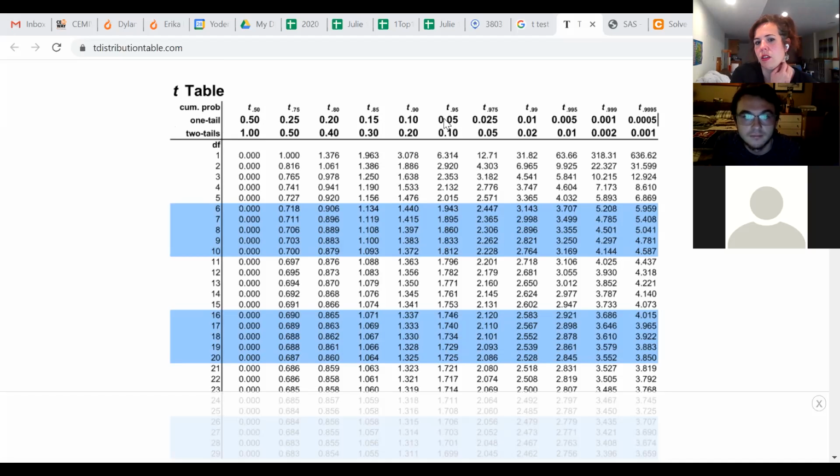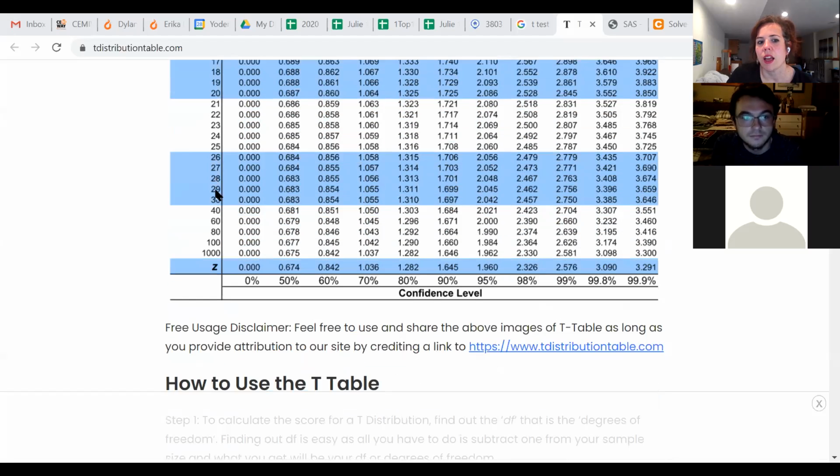Now remember what I said about strictness. If I was doing a two-tailed test, I would be right here, 0.05. But right now I'm doing one tail. Then I would look through this right here. This is DF for degrees of freedom. This is why I didn't want to show you this one, because 100 to 1,000 is a wee bit of a jump.